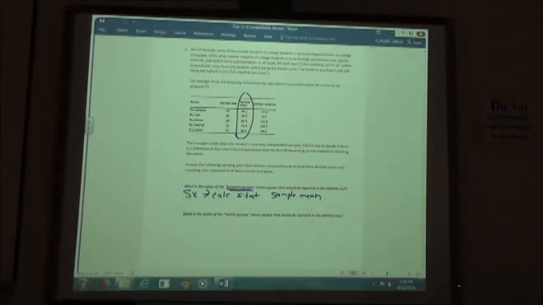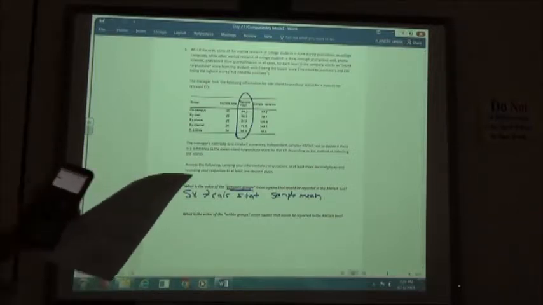I shouldn't be putting pluses. I don't want to add them, I want to put them in my list. Try that again. 64.2, enter. 66.0, enter. 62.5, enter. 72.5, enter. And 66.3, enter.